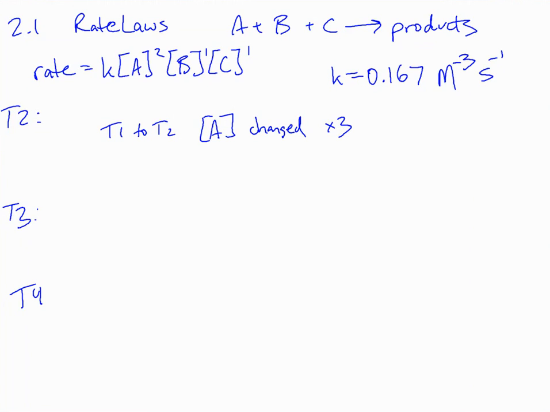But how did that influence the actual reaction? So we increase this times 3, but look, it's squared. It's actually times 9. And if you look at the reaction rates we have, the reaction rate was 9 times larger. Times 9 reaction rate.